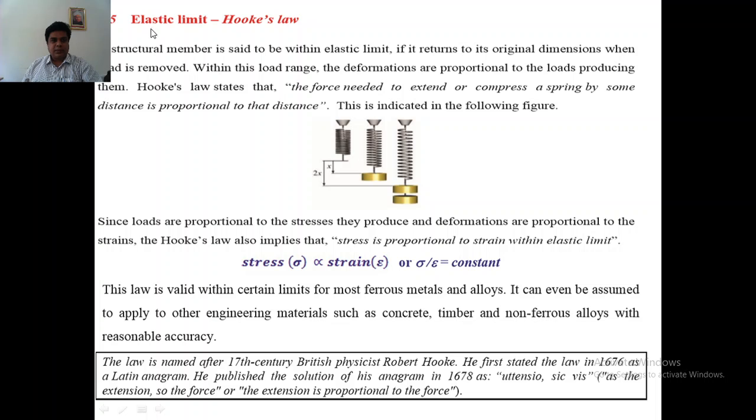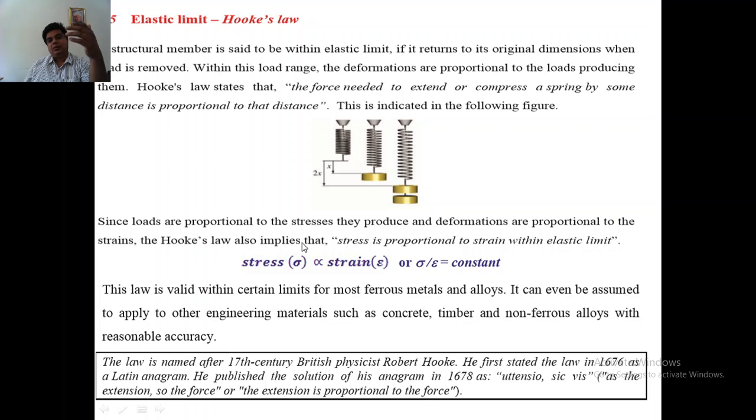Here we have to understand the concept of Hooke's law. Hooke's law is based on stress and strain. When you apply the load to the material within the elastic limit, there will be stress and strain in the material. Whenever the load is applied, there will be stress and strain.